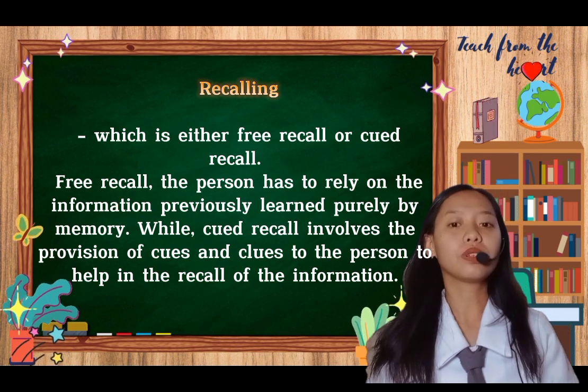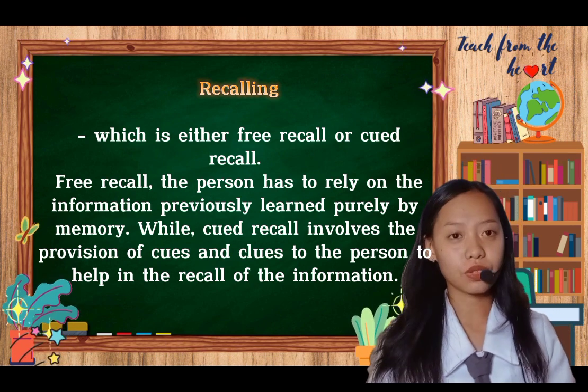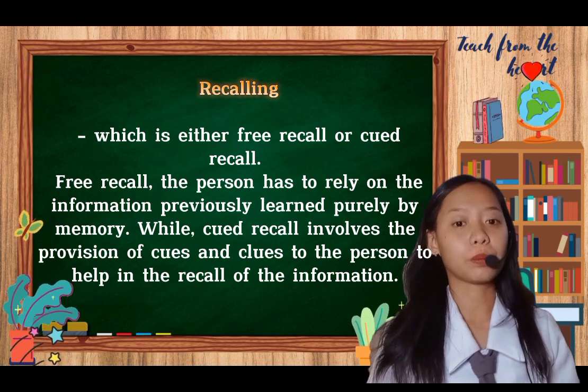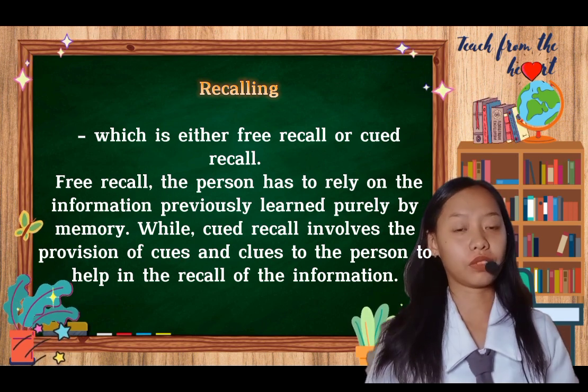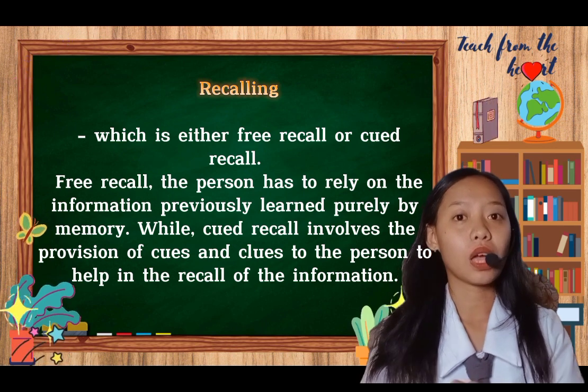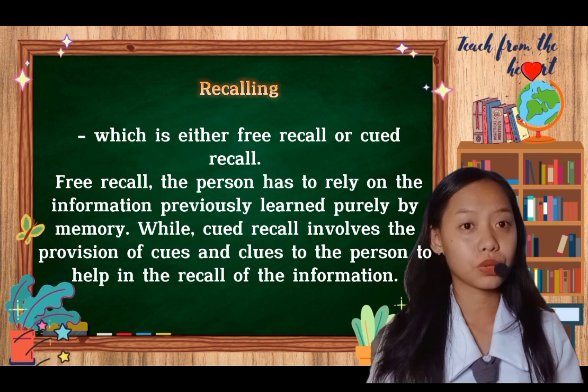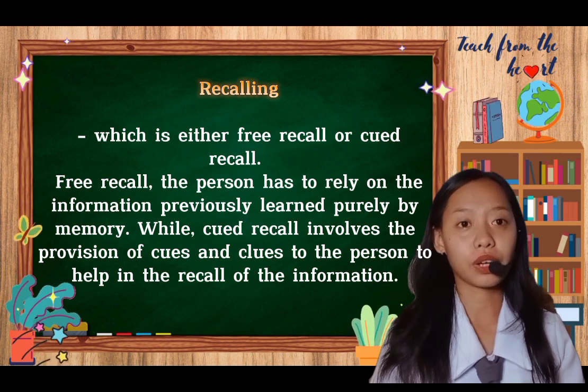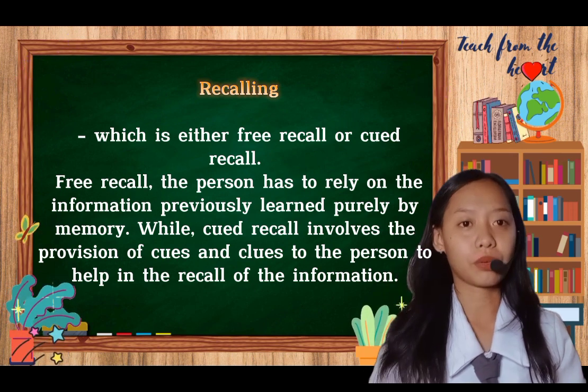While cued recall involves the provision of cues to the person to help in the recall of the information. In cued recall, the person uses cues for him or her to remember the information.